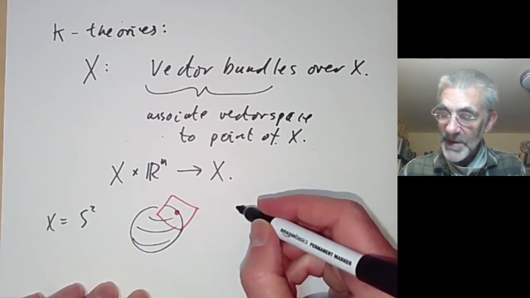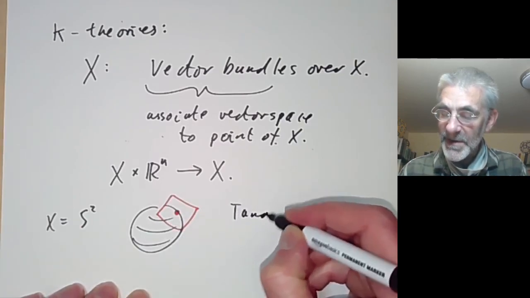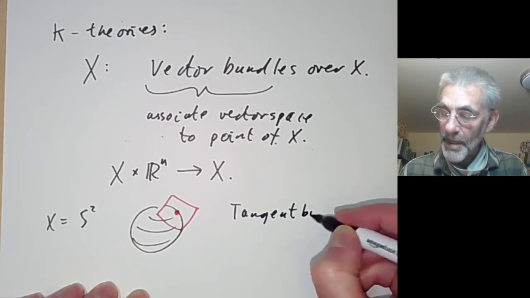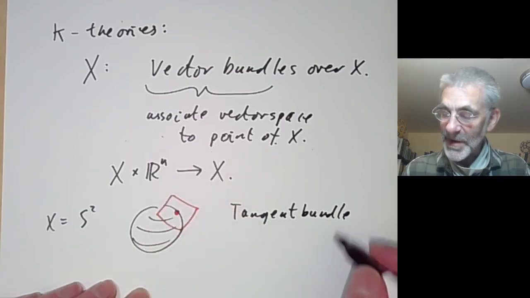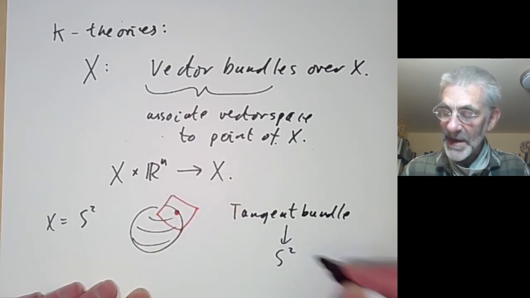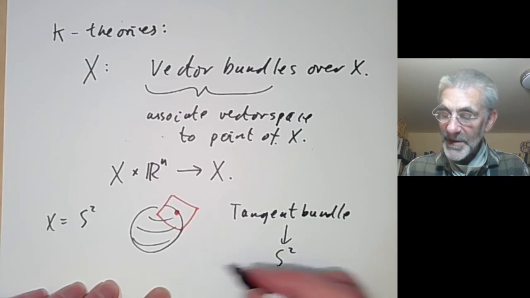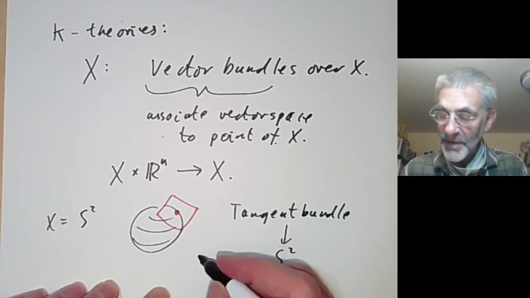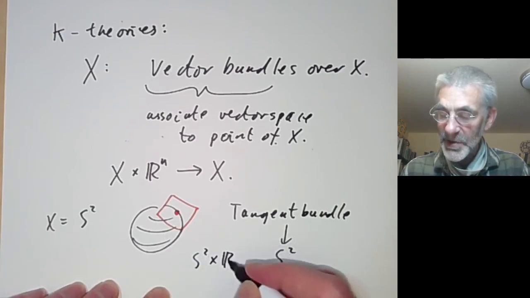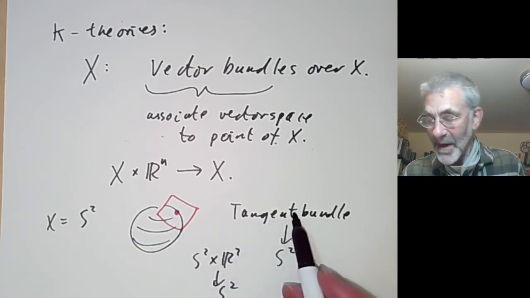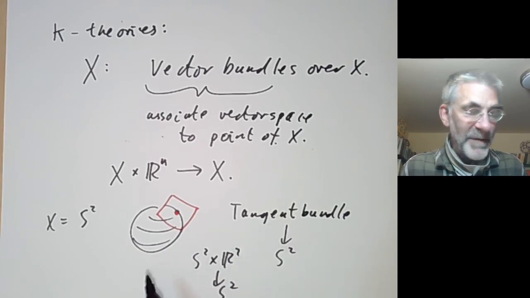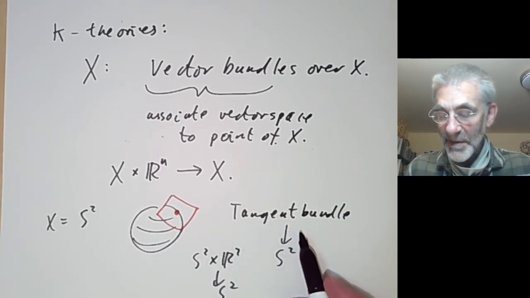So this will give us a map from the tangent bundle, which is all tangent spaces put together in some sense, to the space S^2. And it's very plausible that this is different from mapping S^2 times R^2 to S^2, and in fact showing that these two vector bundles are different is one of the things we'll be doing later.